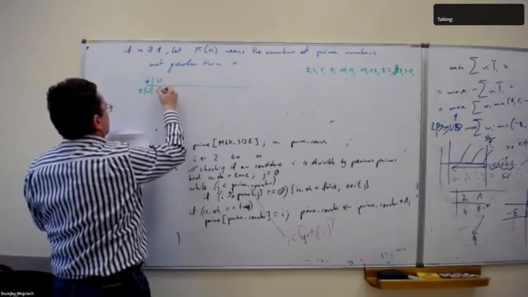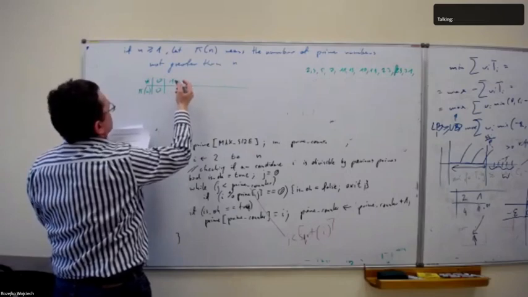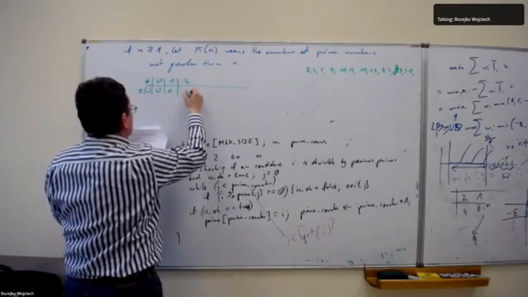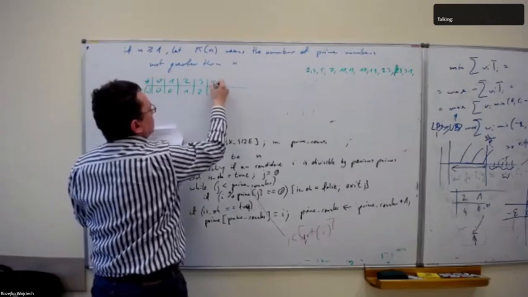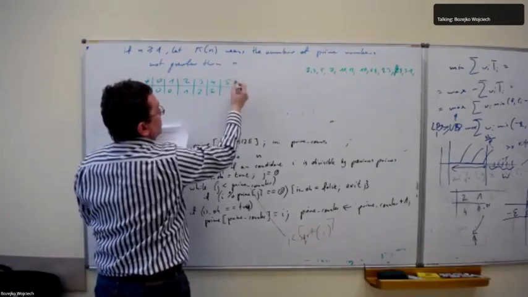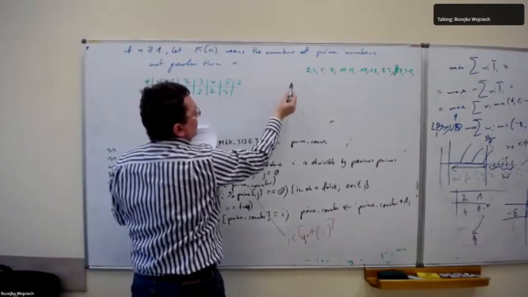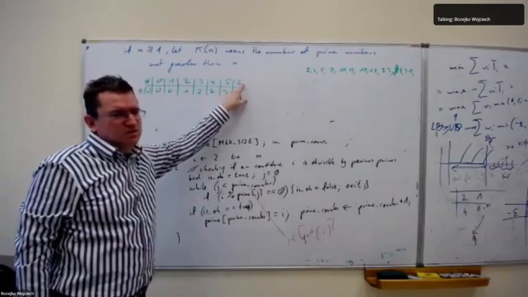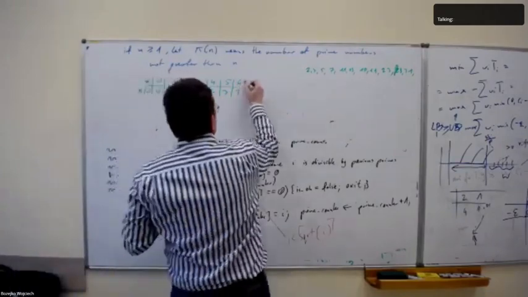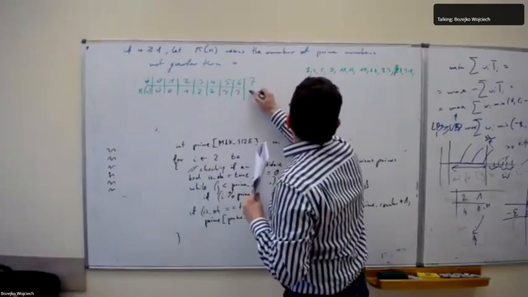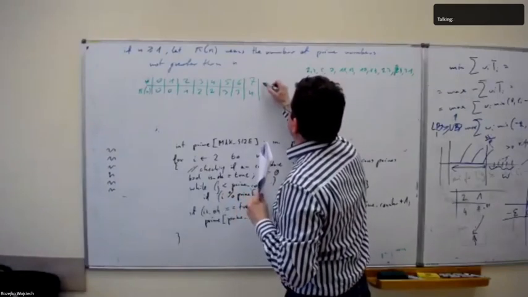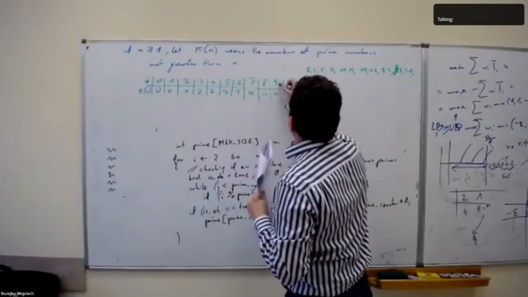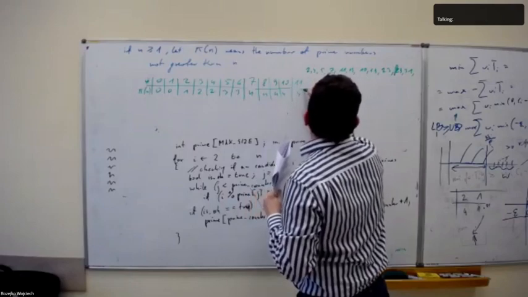So for 0 it is 0. For 1, this is also 0. For 2, this is 1. For 3, 2. For 4, 2. For 5, 3. For 6, also 3. Of course, for all the even numbers, this will be the same as the previous odd. For 7, this will be 4. For 8, 9, 10 also. For 11, 5, and so on.